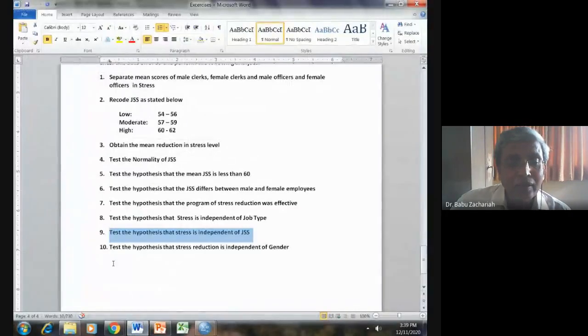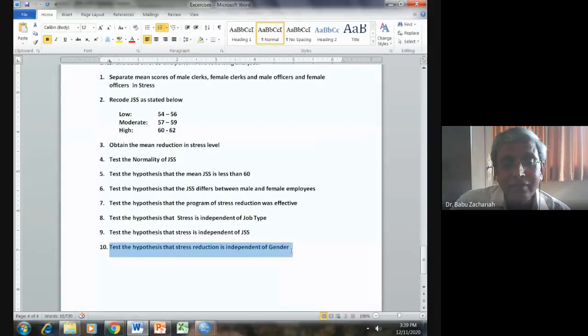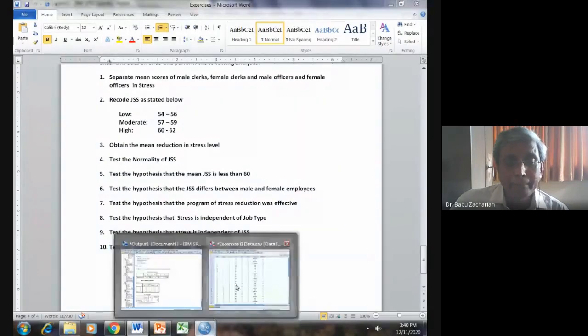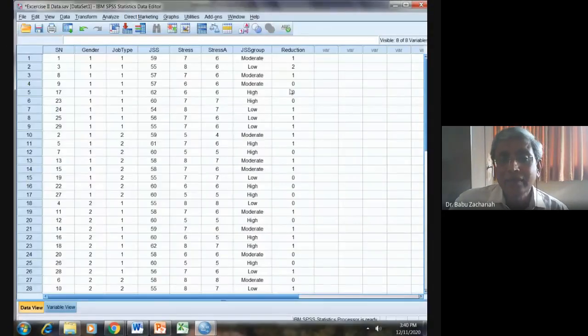And the next one, does the hypothesis hold that stress reduction is independent of gender? Stress reduction is independent of gender. So stress reduction we have calculated. Whether there is any connection with gender, that is asked.